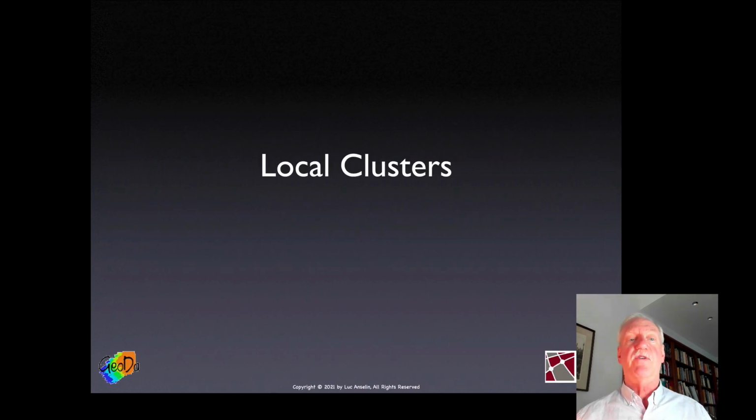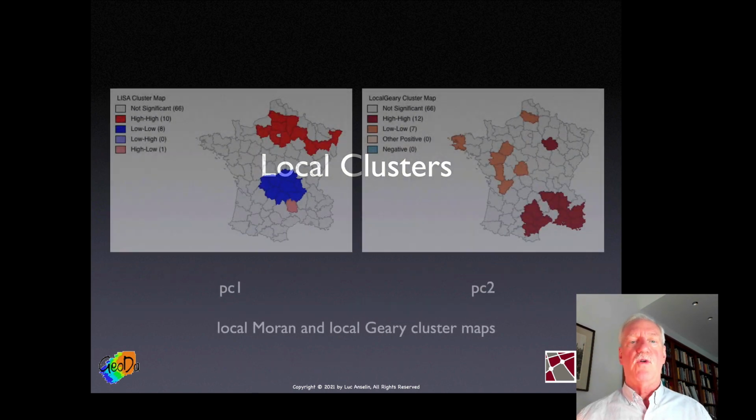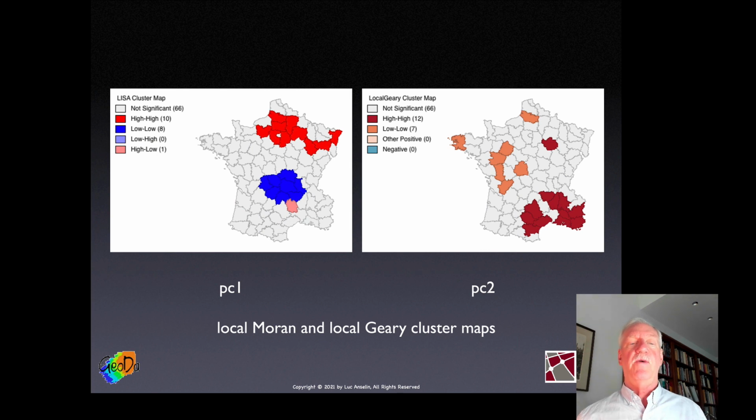Then pushing this even further, we can use principal components in local cluster analysis. For example, we could use a local Moran, illustrated here, significance map, or a local Geary, and we identify locations, for example, in the local Moran, high clusters, low clusters, as well as spatial outliers.